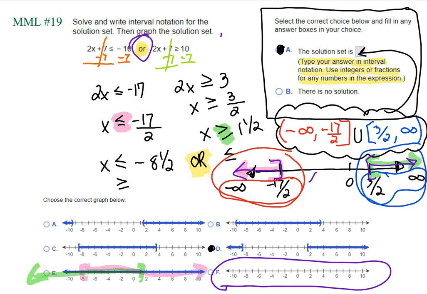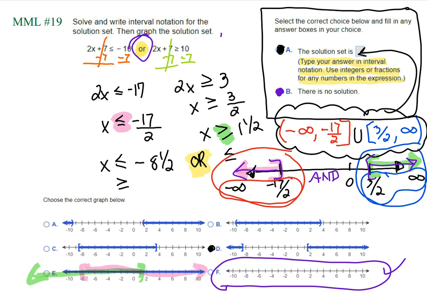And if you have the word and in there, then you're looking for where the pink and the green overlap. They don't overlap. And then you'd come up here and say, oh, there's no solution to this because there are no numbers that are less than -8.5 and greater than 1.5 at the same time. It just doesn't happen. So on that one, you'd say no solution, and then it would be this graph here.